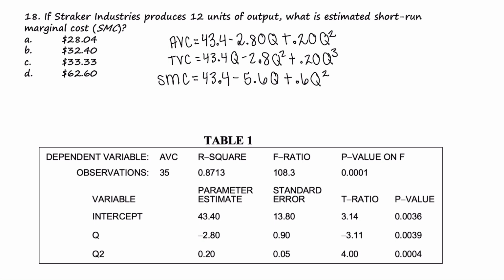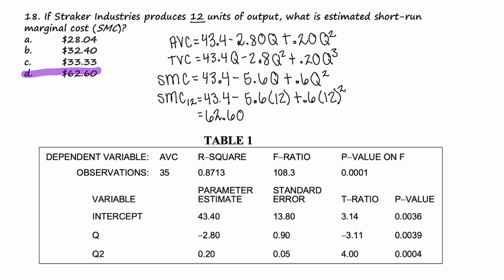And then we're going to substitute 12 in for Q. So short run marginal cost at 12 gives us 43.4 minus 5.6 times 12 plus 0.6 times 12 squared equals 62.60, or D.